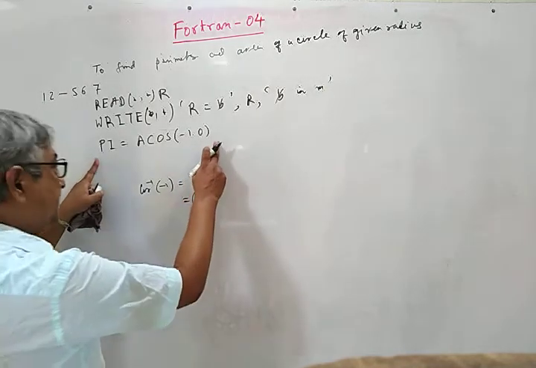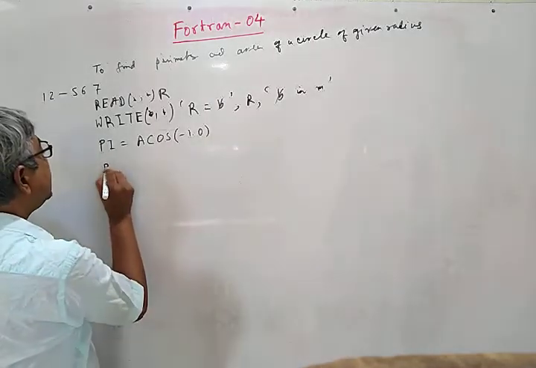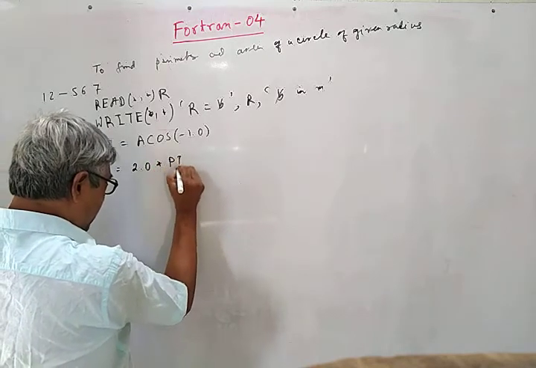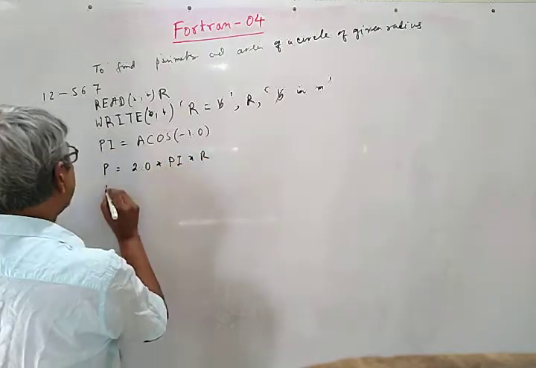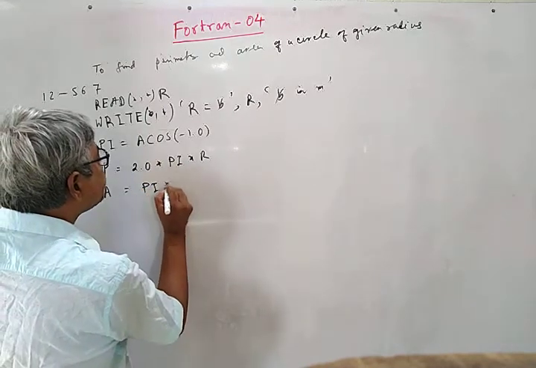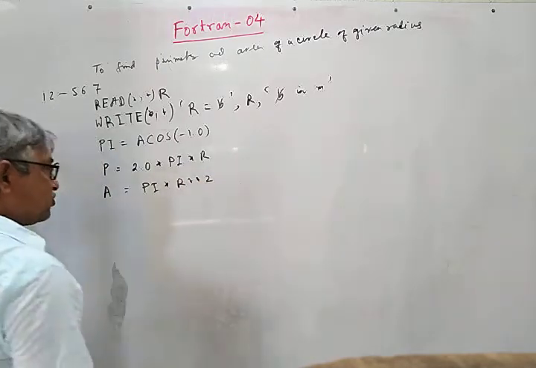So it is the value of pi. Then perimeter p is equal to 2.0 star pi star r, and area A is equal to pi star r square.